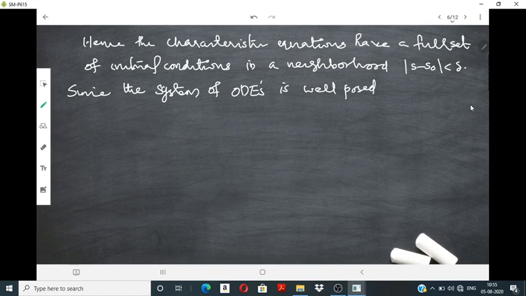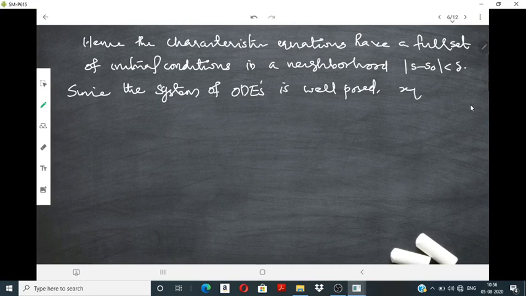Well posed means the initial value problem exists. 5 initial value problems of ODEs are there, and by the existence and uniqueness theorem for each initial value problem, we can say that there exists a unique solution in that neighborhood.